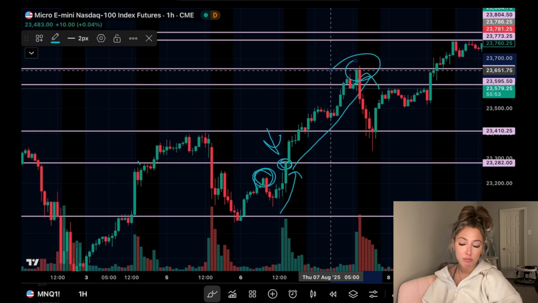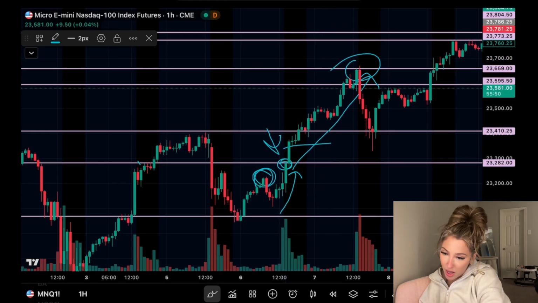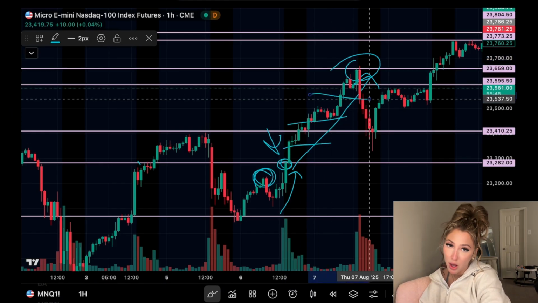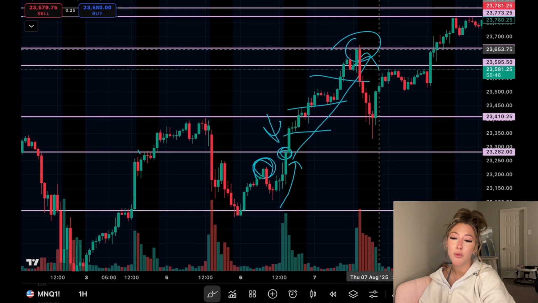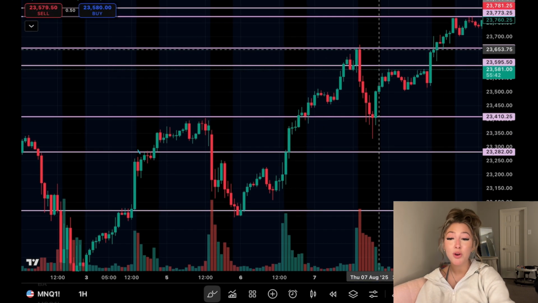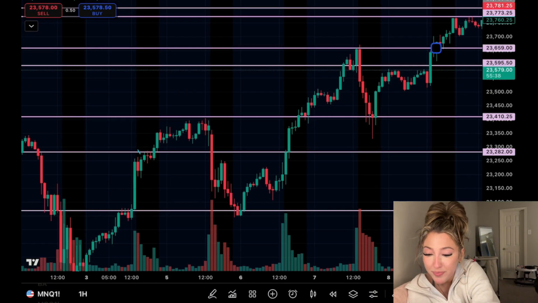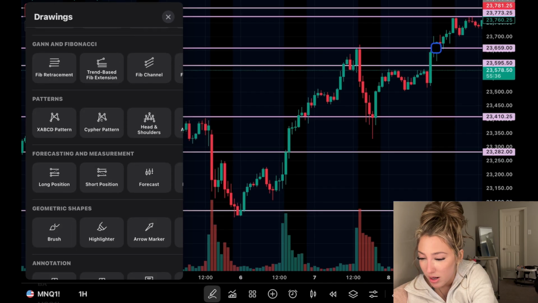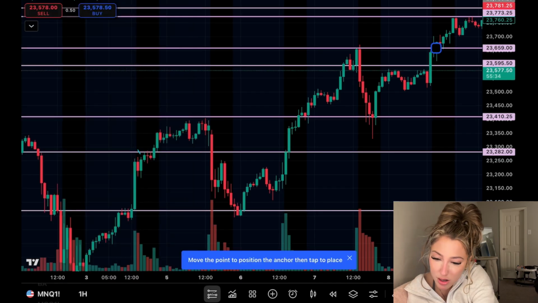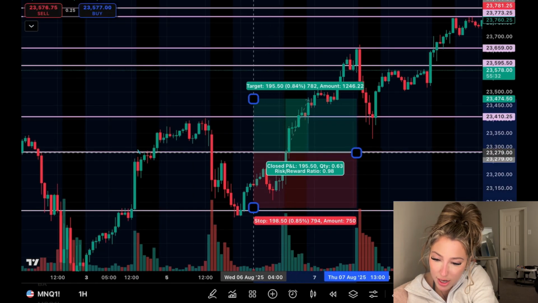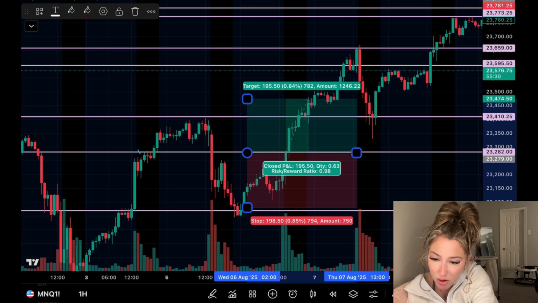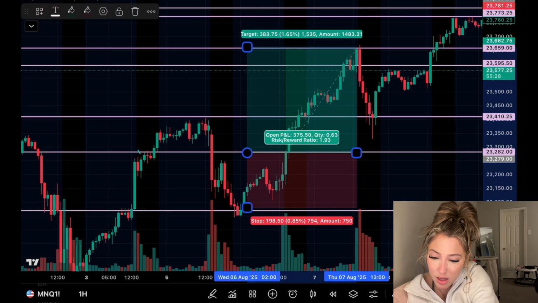We hold and we trail our stop loss all the way up, and we hold until we can't hold any more. And where do we move it? To the next break of structure. Let's say we're in here, long position. We entered at that candle closing, okay?